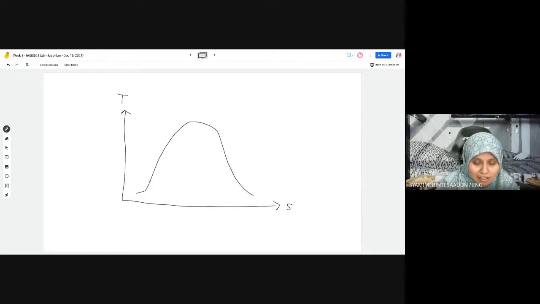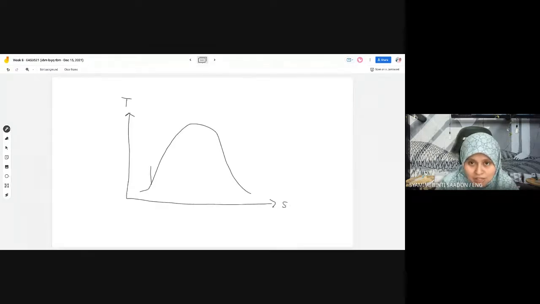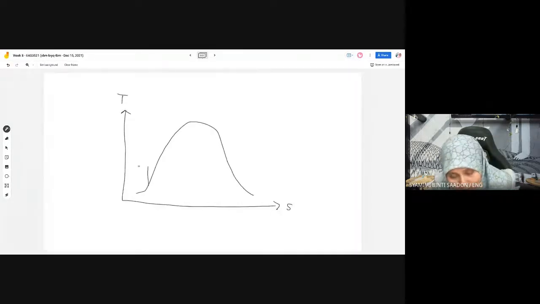I will sketch an ideal cycle. Okay, ideal cycle. So this is a compression process. We start with the compressor first, compress, and then curve, like this.